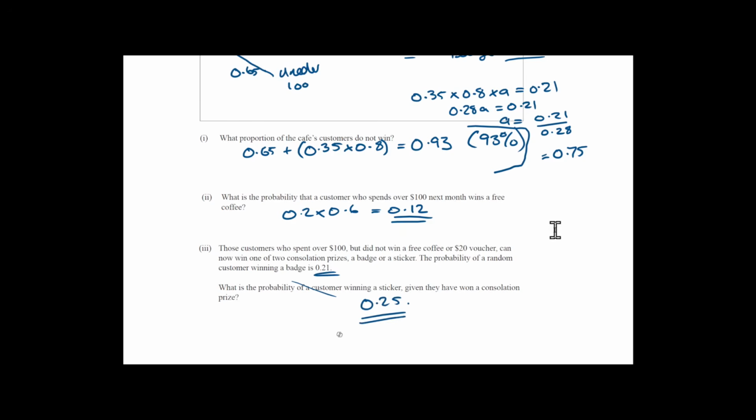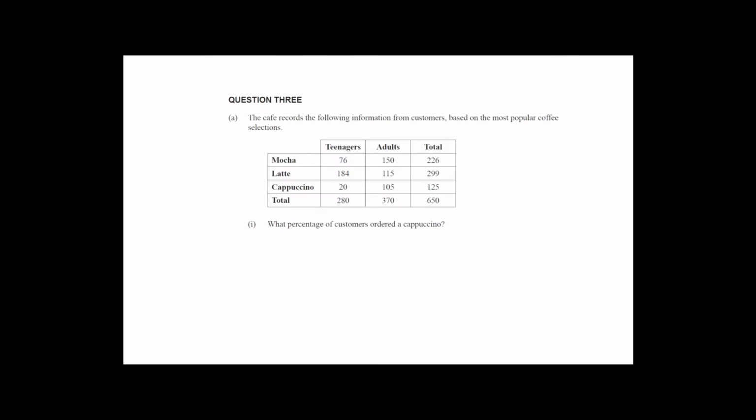Okay, let's move on. And last, question 3. The cafe records show the following information for customers based on the most popular coffee selections. What percentage of customers ordered a cappuccino? So we're dealing with all customers with the cappuccino.